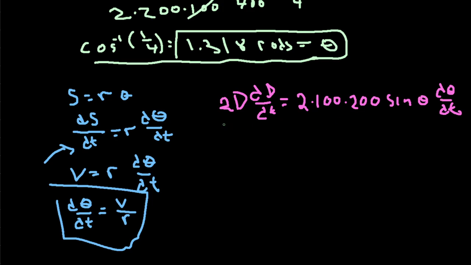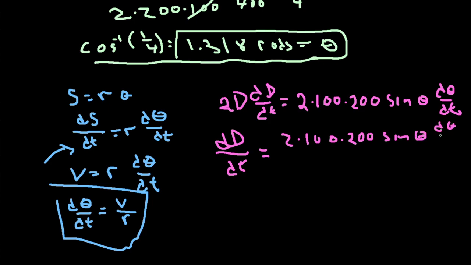And I'm going to go ahead and divide both sides by 2d. So we're going to get dd dt is equal to 2 times 100 times 200 sine of theta d theta dt over 2 times d. We know it's 200, so 2 times 200. A few nice things cancel out.